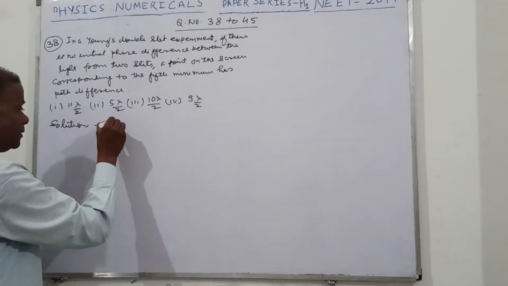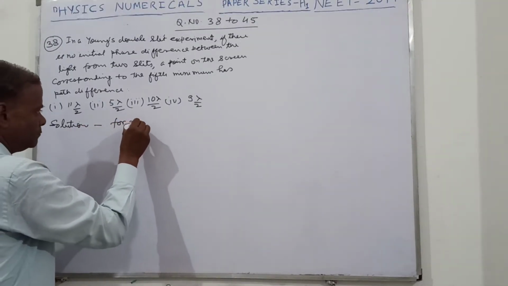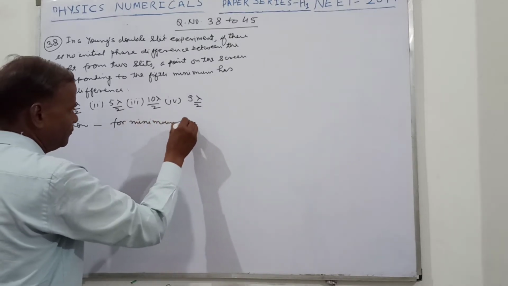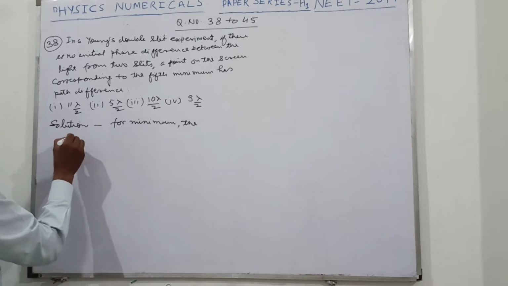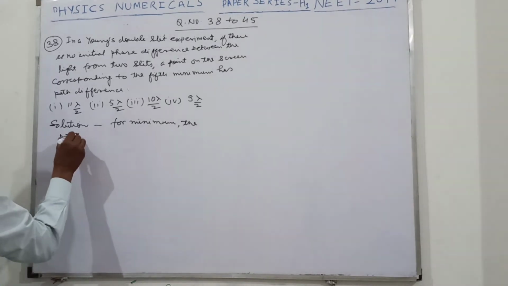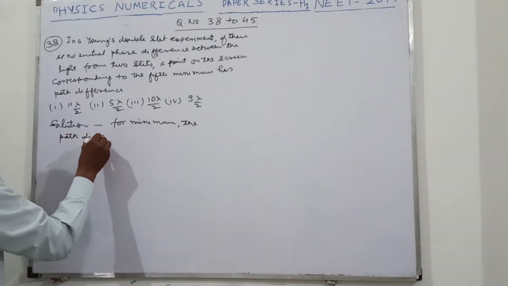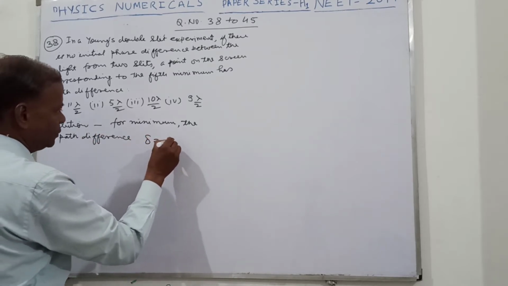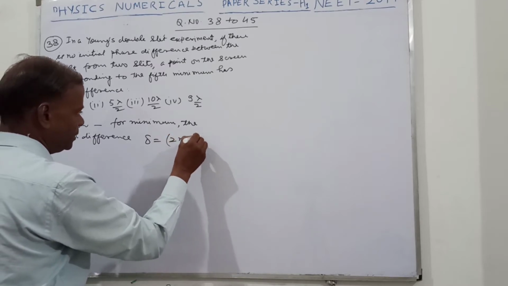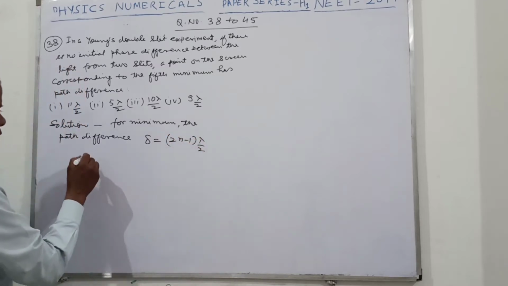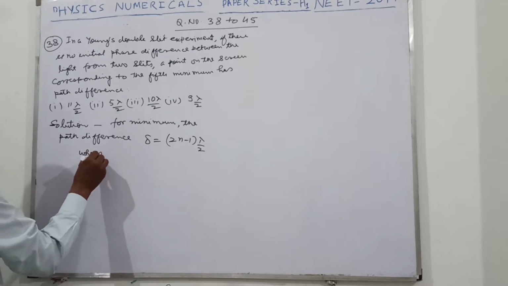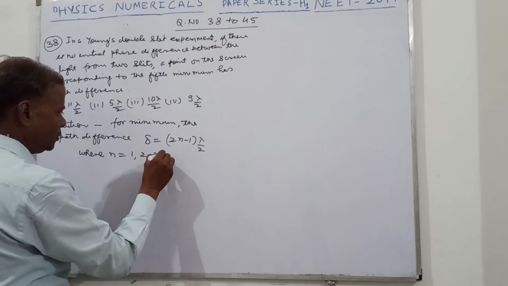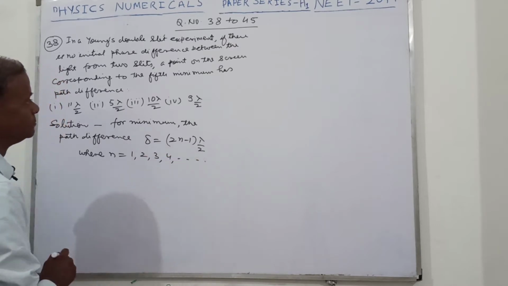So for minimum, the path difference delta equals (2n minus 1) into lambda by 2, where n equals 1, 2, 3, 4 and so on.